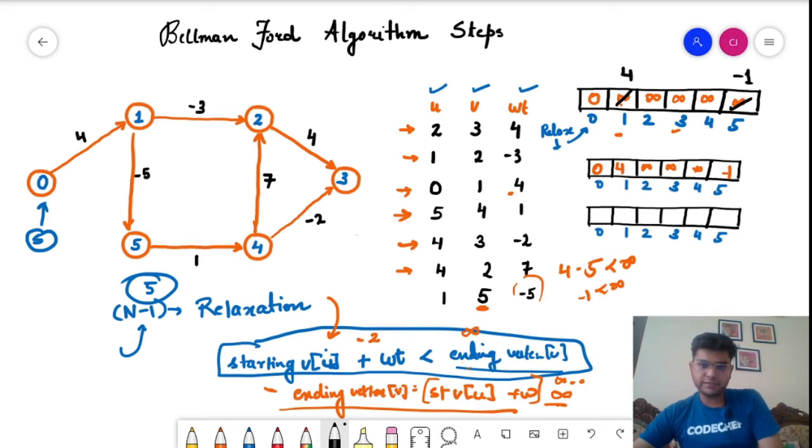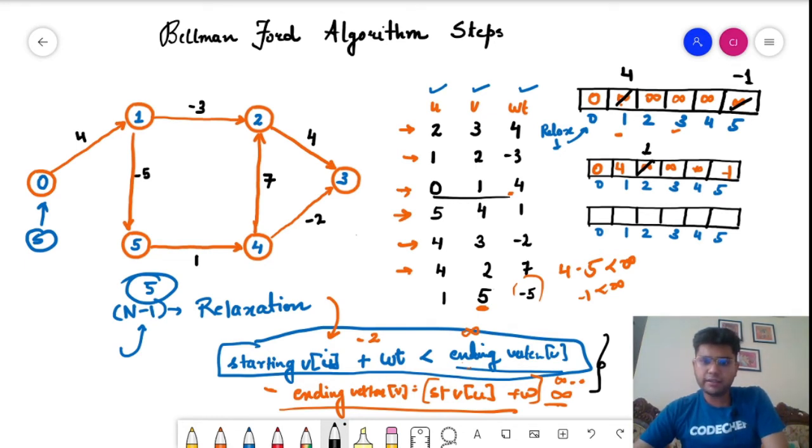Yes, it is less, so we'll update it, 4 minus 3 equals 1. We have updated it, according to this formula. Now 0 and 1 is the same thing. What is the weight of 0? 0 plus 4 is equal to the weight of 1, that is 4. So we have already taken this in the previous relaxation.